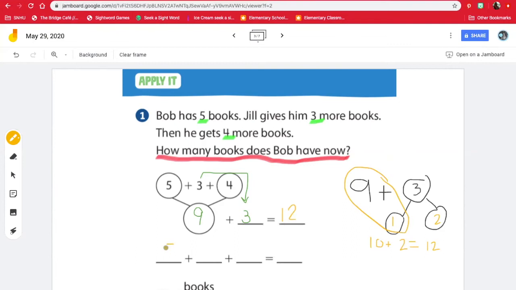So here we have 5 books plus the 3 Jill gave him and the 4 others he received equals 12. How many books does Bob have? He has 12 books.